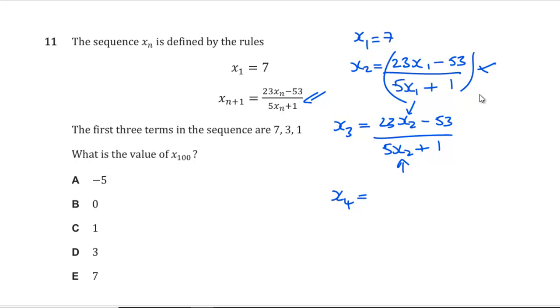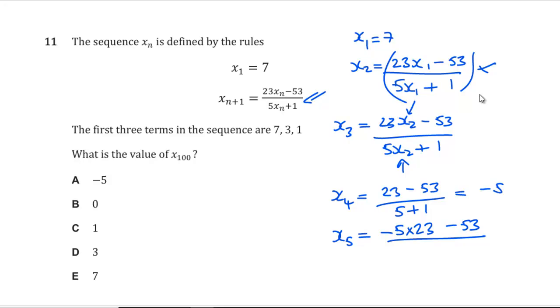x4 is going to be 23 times x3, which is just 23, minus 53 over 5x3, so 5 plus 1. So that is minus 30 over 6. So that's minus 5. x5 is going to be minus 5 times 23 minus 53 over minus 25 plus 1.